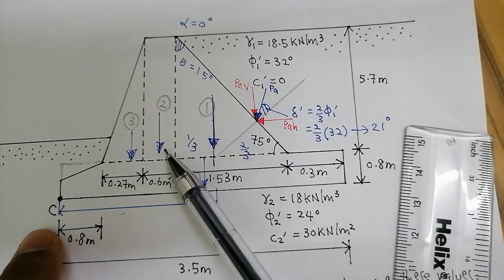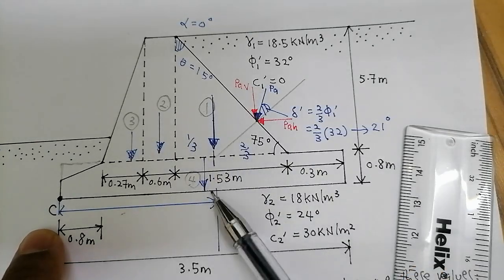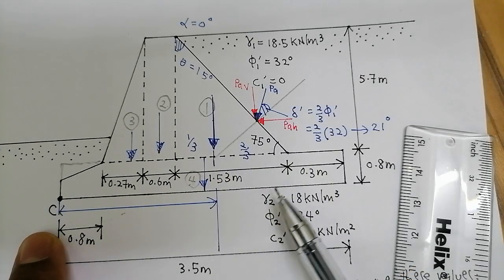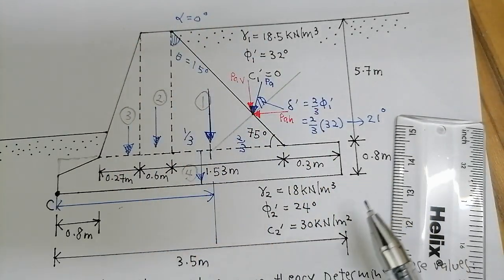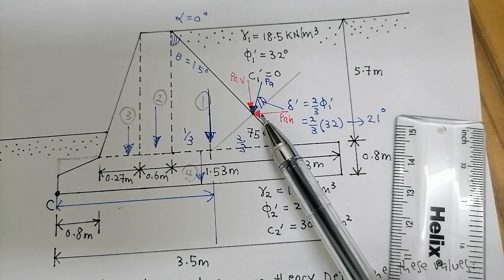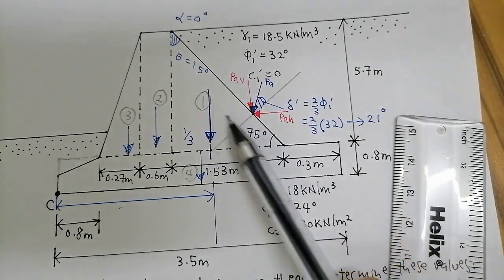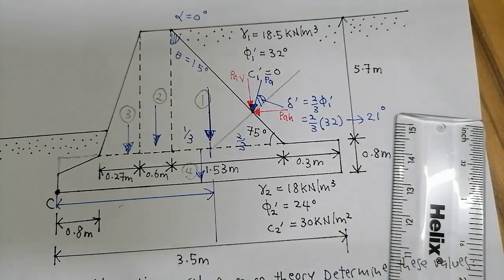So these 5 forces are resisting the retaining wall from overturning. Terbalik. So there is one more here, which is PAV. So we have to include PAV as well in our table.